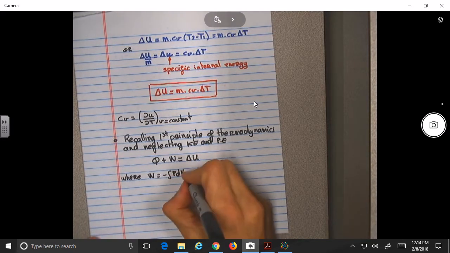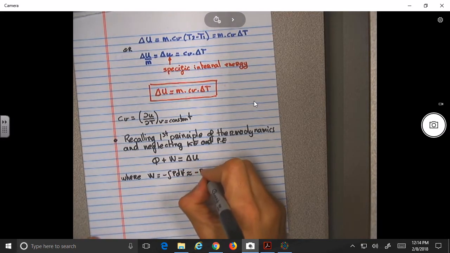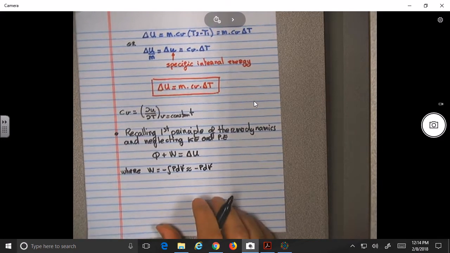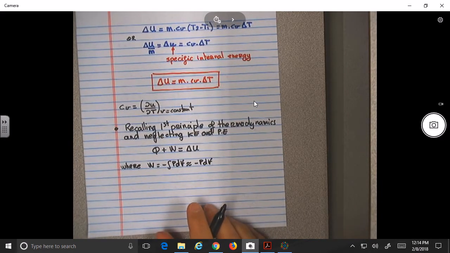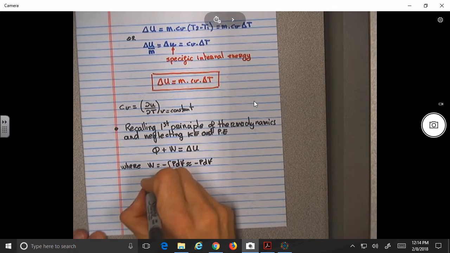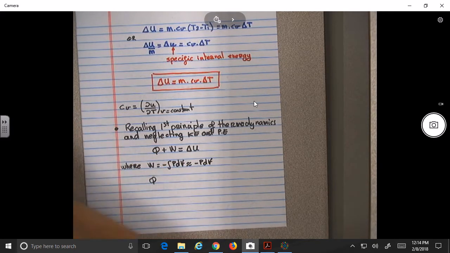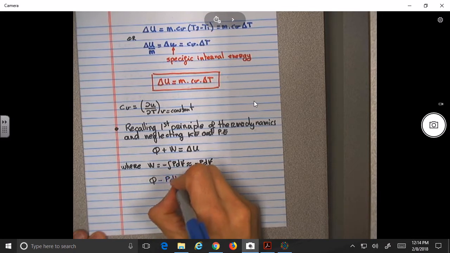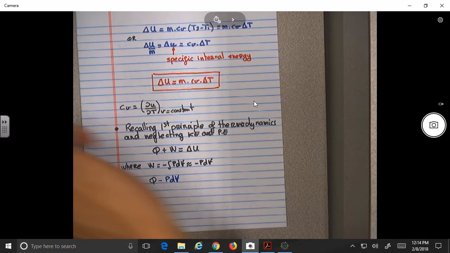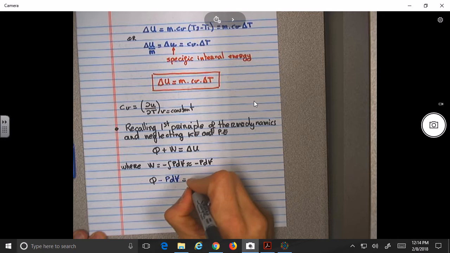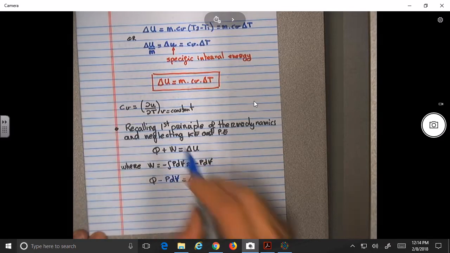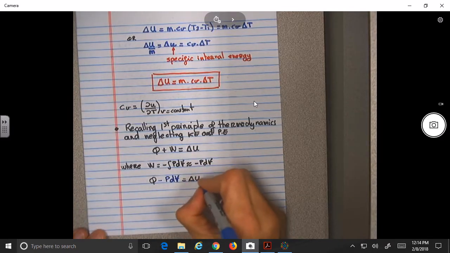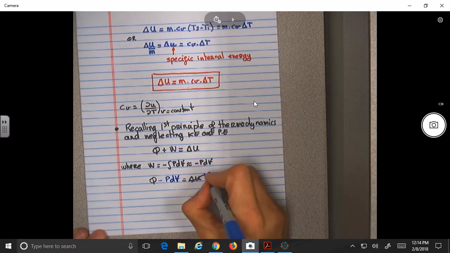Let me rewrite it under this form. So if I do this, what do I have? Q minus P dV equal to dU.